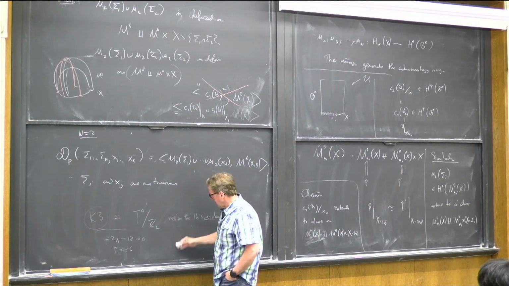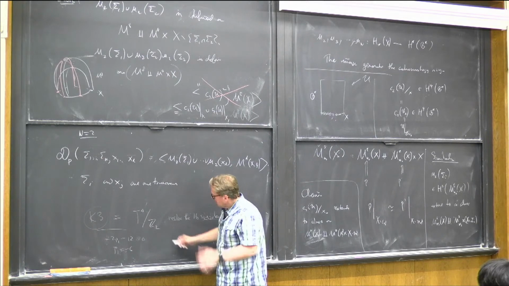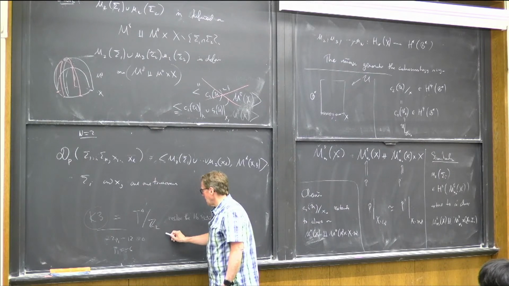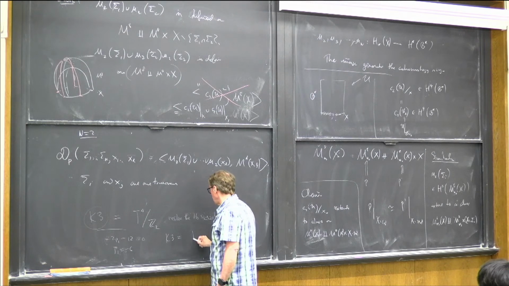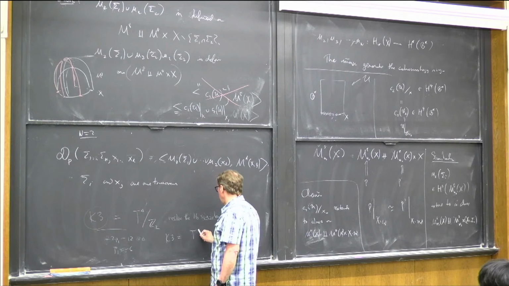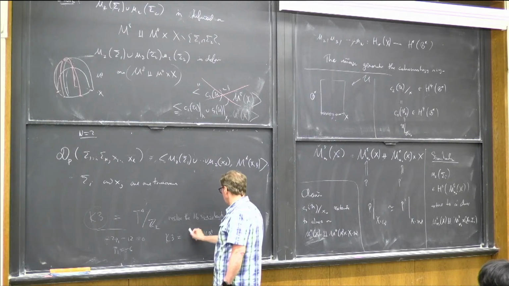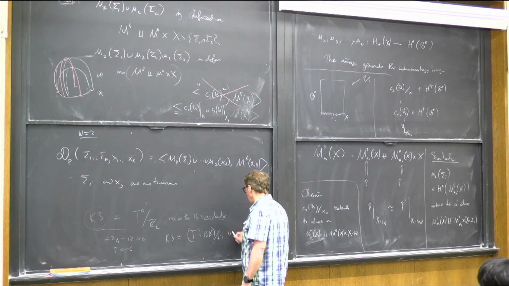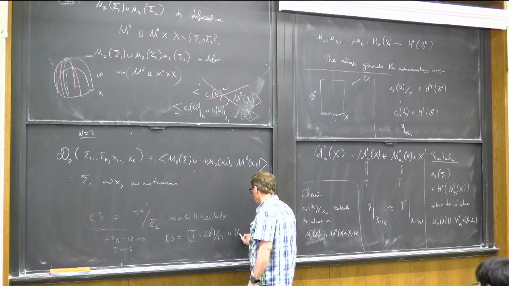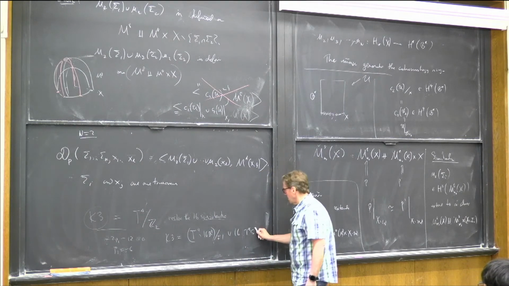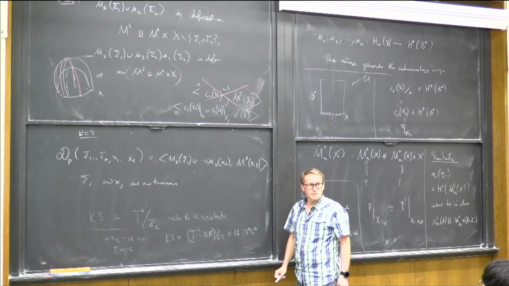So K3 is this. Let's take T4 minus these 16 4-balls, mod plus or minus 1, and then union 16 cotangent disk bundles.